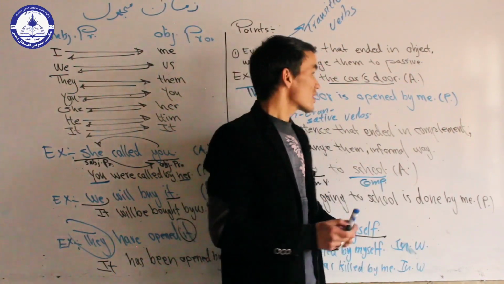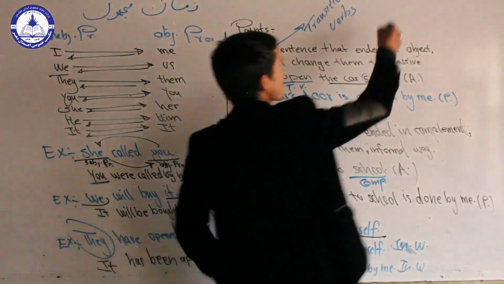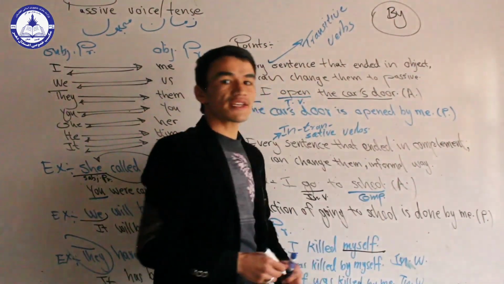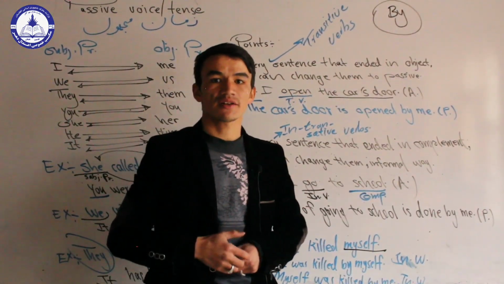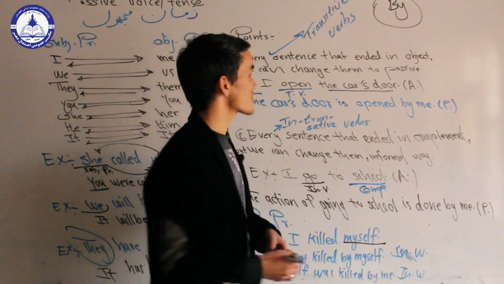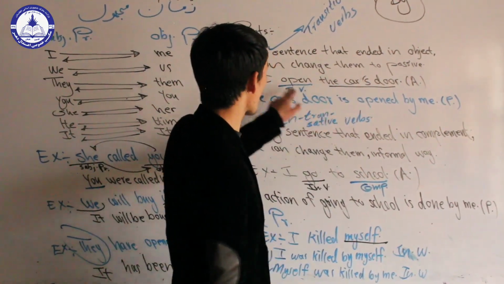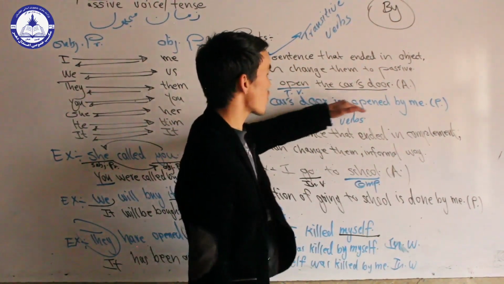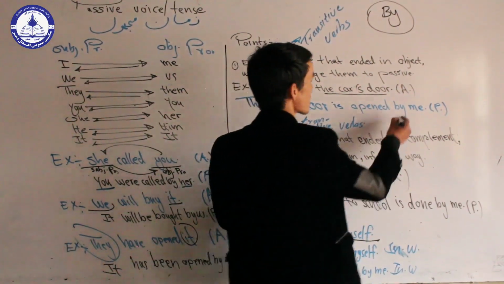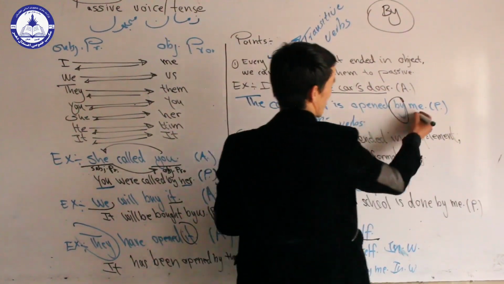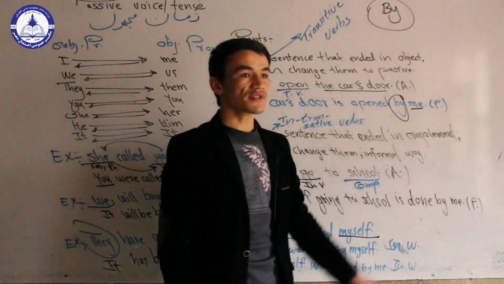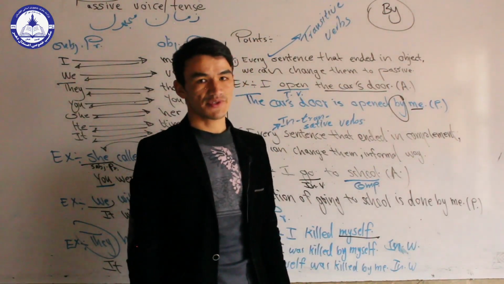Okay, next, some people will ask you what is "by" that we use in passive form. "By" introduces our subject. For example, in this example, see, I open the car's door is active sense, but the car's door is opened by me. This "by" introduces our subject. See, "me" is the subject, but here it is used at the end of the sentence. Why? Because it's passive voice.